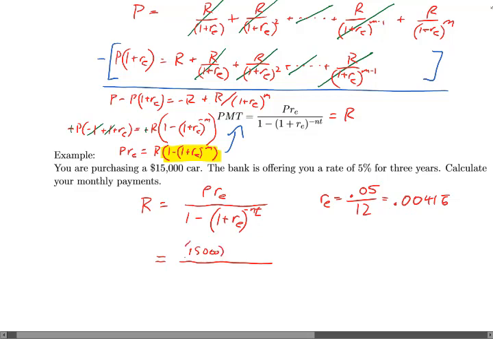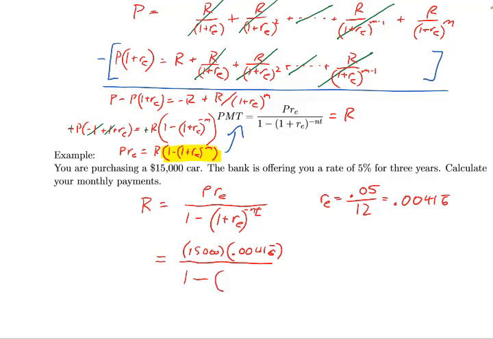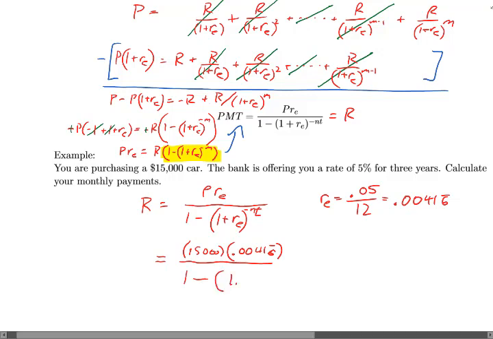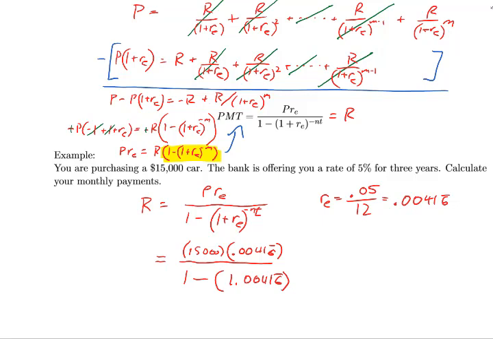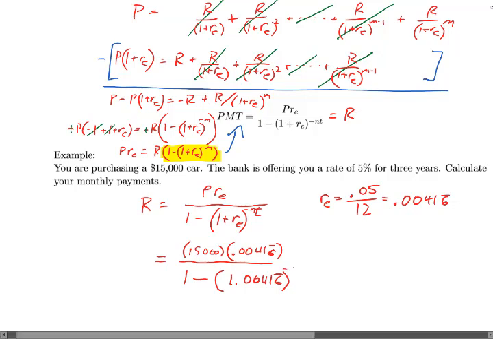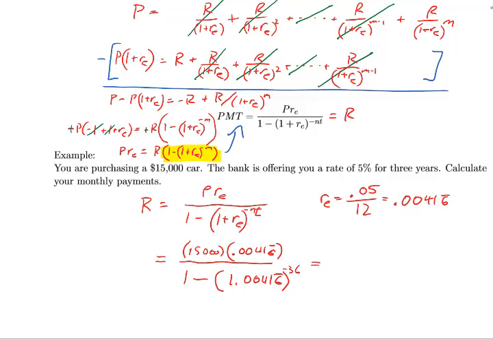So 15,000, and then raised to the NT. What was the number of years again? 3. So we'll put a negative 36 there, right? 3 times 12.